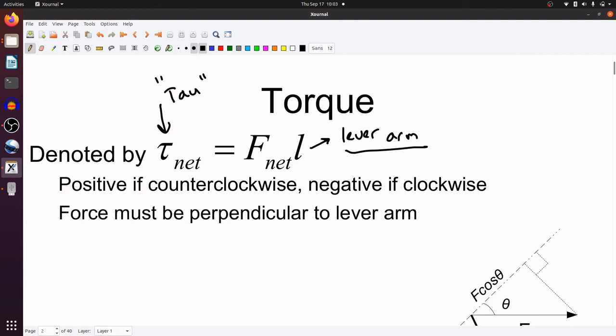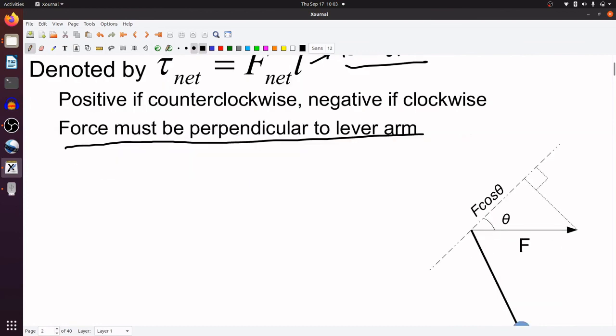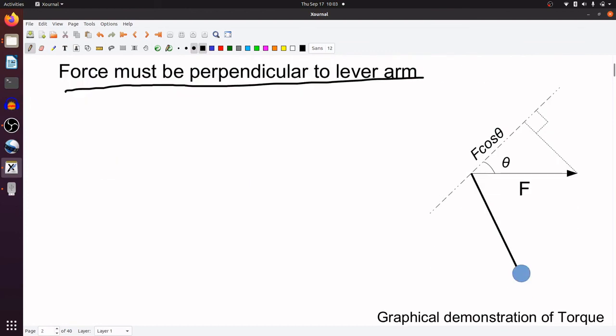Now, this is important. The force must be perpendicular to the lever arm. The only way torque makes sense is if the force and the lever arm are completely perpendicular, and you know that it's never going to be like that. So in this situation, we have a force applied. This right here, while not labeled, is your lever arm, and this right here is your pivot point.